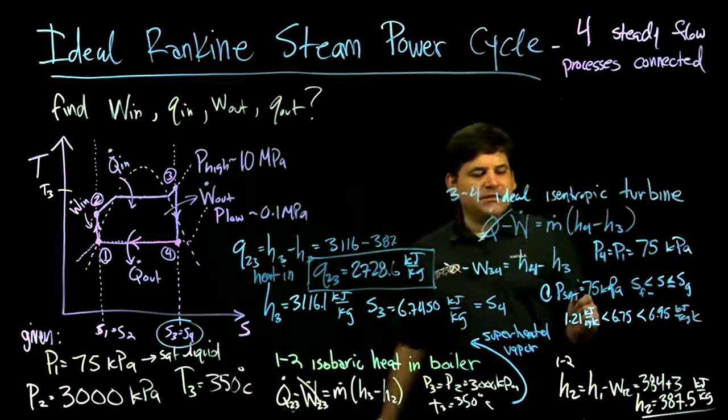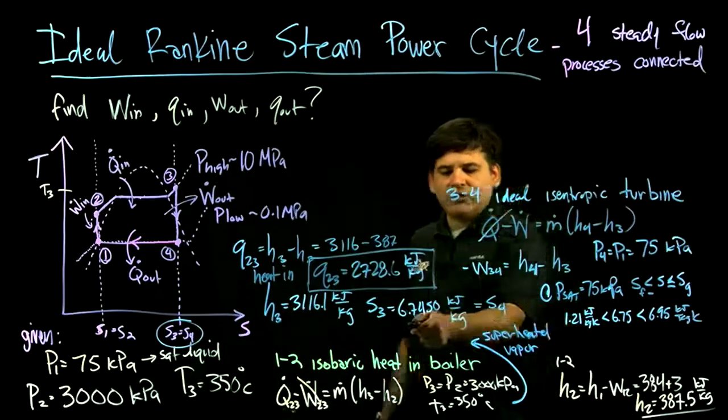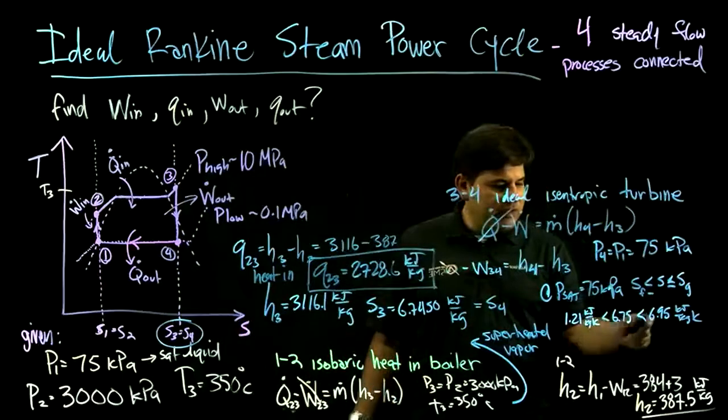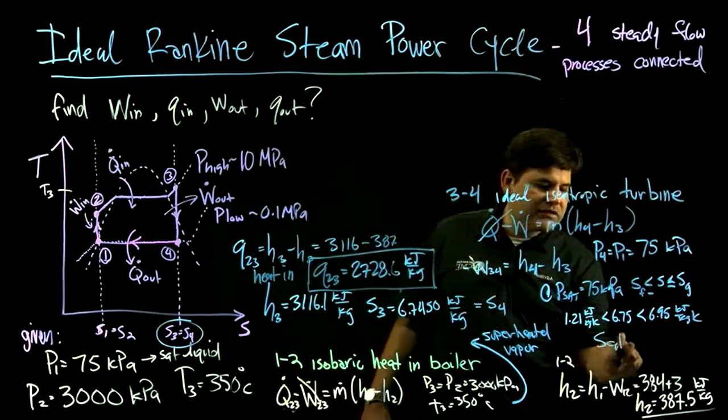So because the actual entropy from the isentropic process is in between here, that means we are a saturated mixture.